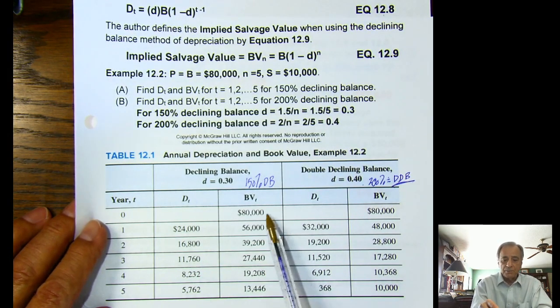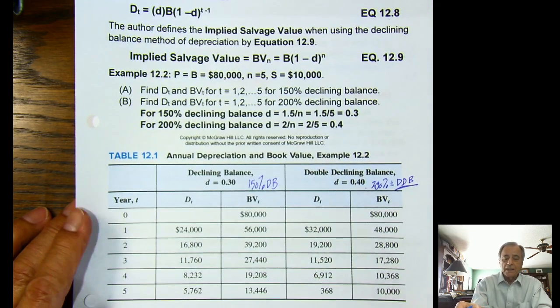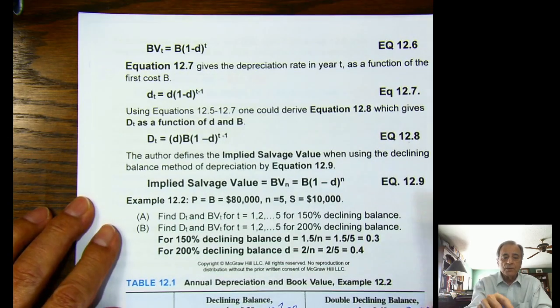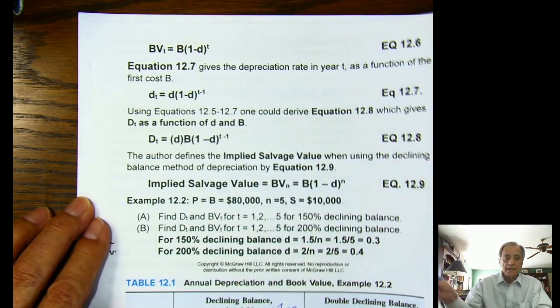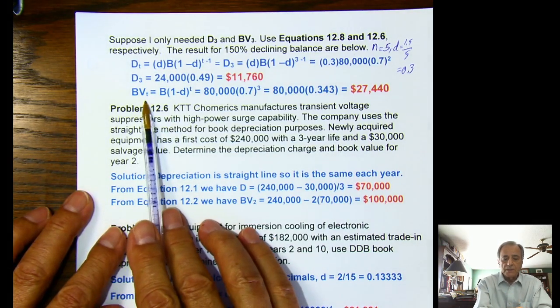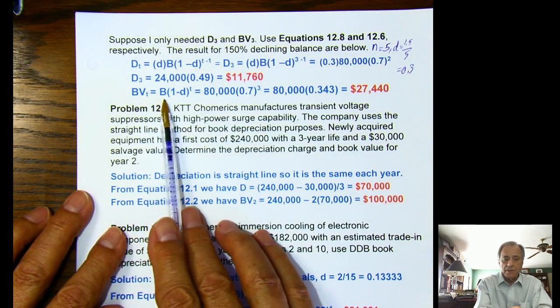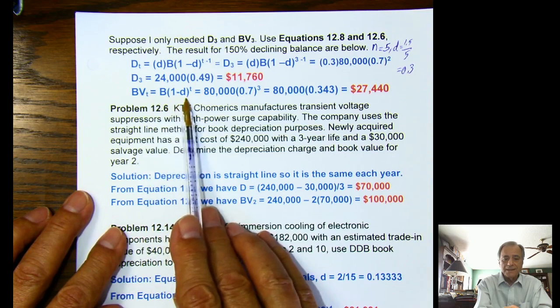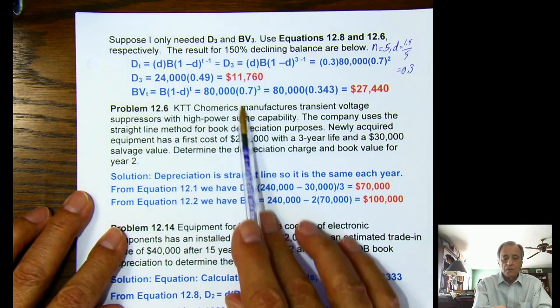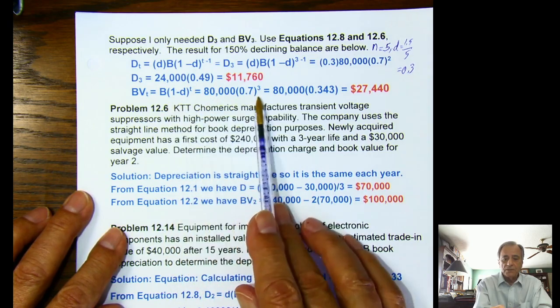And then the other question was, what's the book value at the end of year 3? We would then go back to equation 12.6 to get that, and so BV sub t, where t is 3, will be B times (1 minus D) to the t. So that's 80,000, that's B. 1 minus D is 0.7 to the third power.